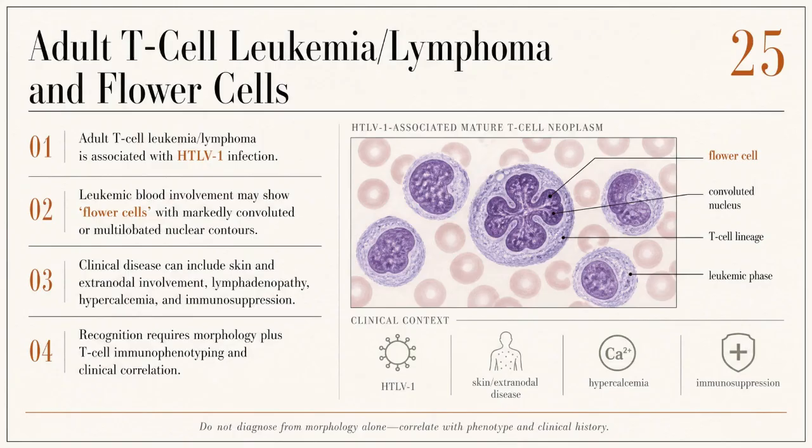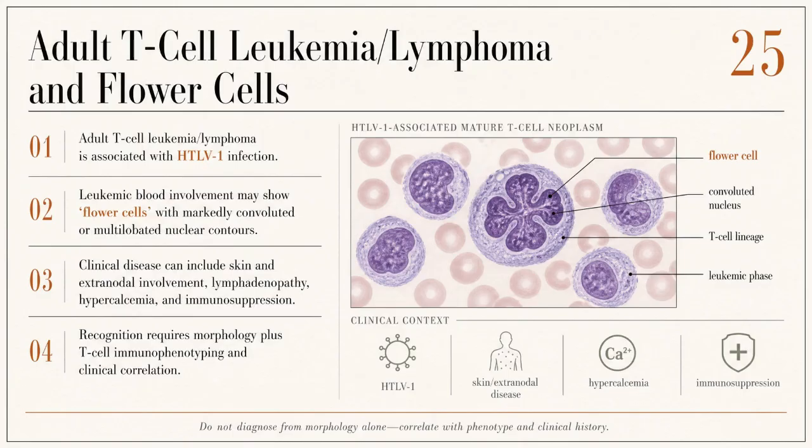subsequent patient management. The defining cytological feature of ATLL in the leukemic phase is the presence of so-called flower cells in peripheral blood smears. These atypical lymphocytes exhibit deeply multilobulated, convoluted nuclei that resemble flower petals, a morphology that is pathognomonic for this disease. The nuclear chromatin is characteristically clumped, and the cytoplasm is moderately basophilic.